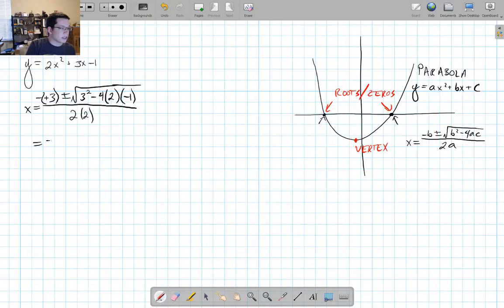So that's going to give us negative 3 plus or minus the square root of 9, plus, we have a negative here and a negative here, so we're going to combine them and that will give us a plus. 4 times 2 is 8. Divided by 2 times 2 is 4.